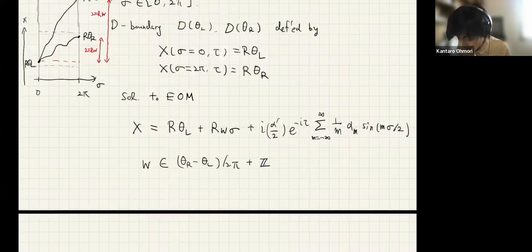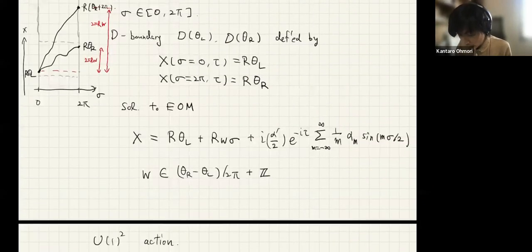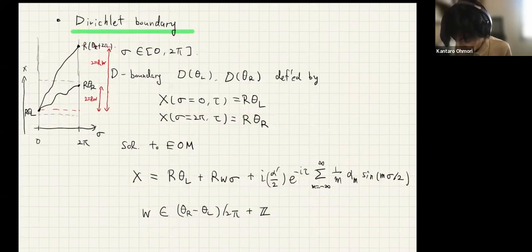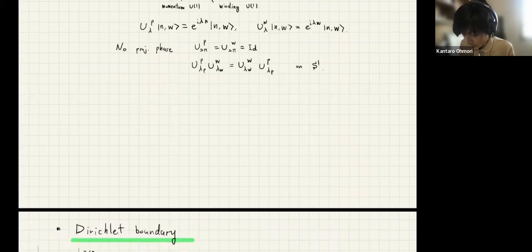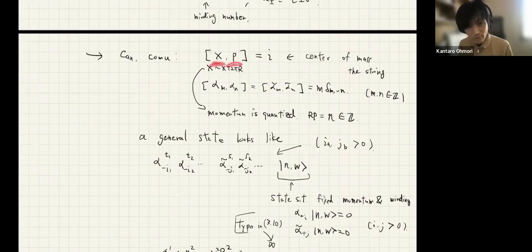Then let's study the U(1) action, the U(1) momentum. First notice that this boundary condition breaks the momentum U(1). Recall that the momentum U(1) is generated by the canonical momentum for the center of mass of the string.